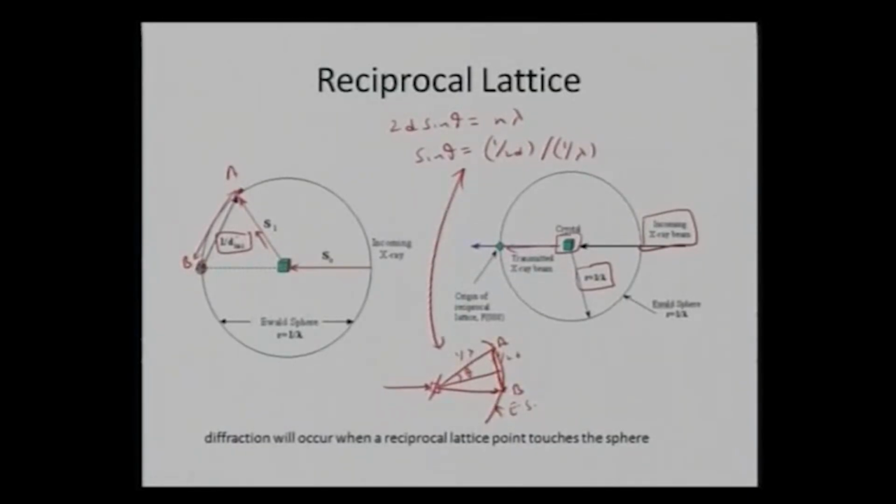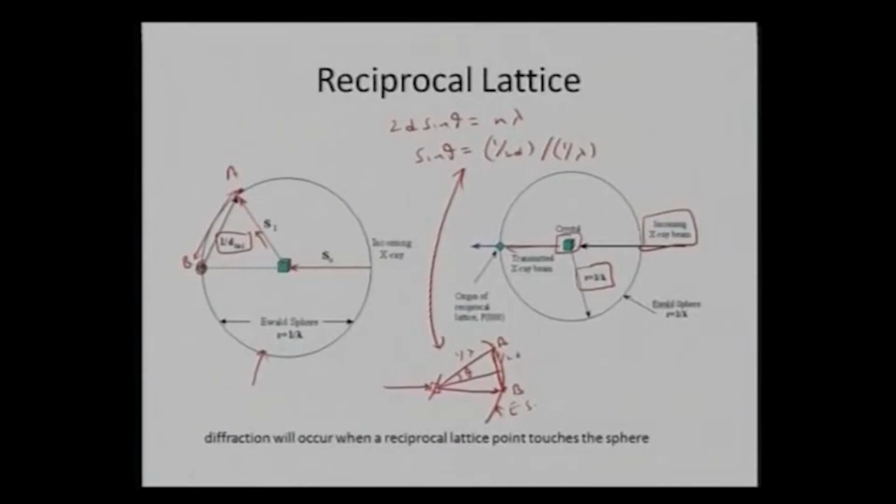So it means that all the points on the reciprocal lattice which are falling on the Ewald sphere, only they are producing my diffraction spot, because they are the ones which are obeying Bragg's law. Because we can see sin theta is equal to 1 by 2d whole divided by 1 by lambda. So I have my Ewald sphere with a radius of 1 by lambda, and I am also getting the theta value of 1 by 2d, or 2 theta becomes 1 by d.